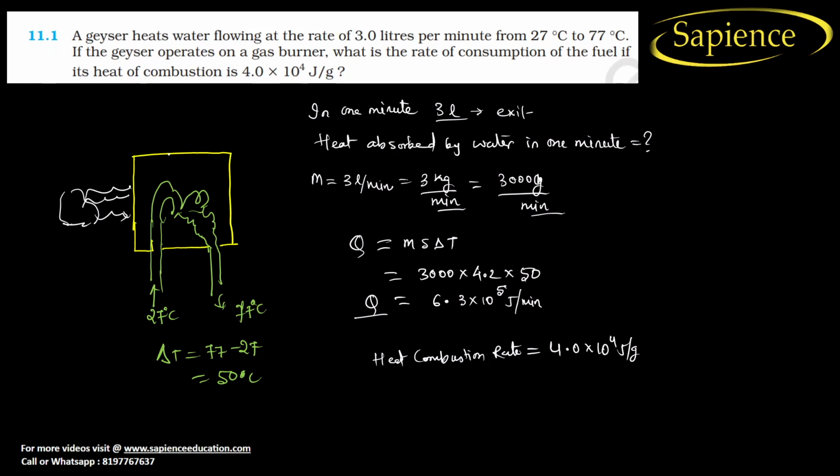They are not using the electricity here. So an external burner is used for heating, and the burner has a fuel, right? And the fuel gives the heat of 4.0 into 10 to the power 4 joule per gram. Okay, so when 1 gram of fuel burns, it will give 4 into 10 to the power 4 joule per gram.